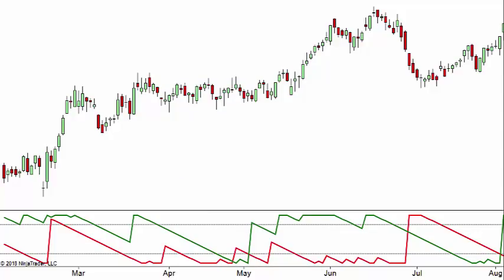So the cool thing now, Aroon being a lagging indicator, sometimes people say, oh, well, that's no good. But when you're scanning for things, it's not that bad to have a lagging indicator, because if you've got something that is real time or fast or leading, by the time the indication pops up, it's too late to trade it, right? It's already happened.